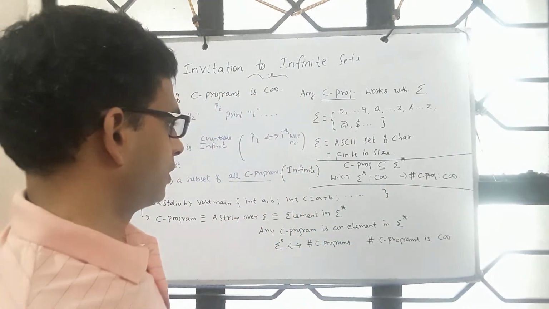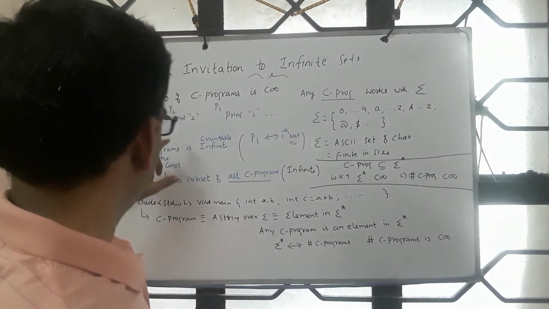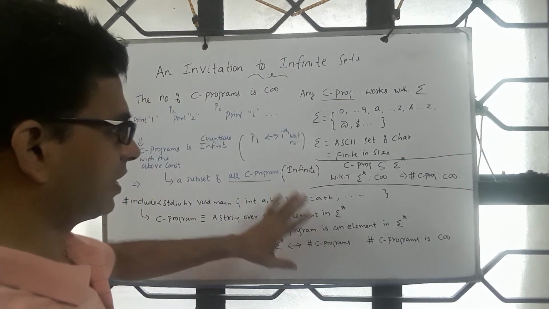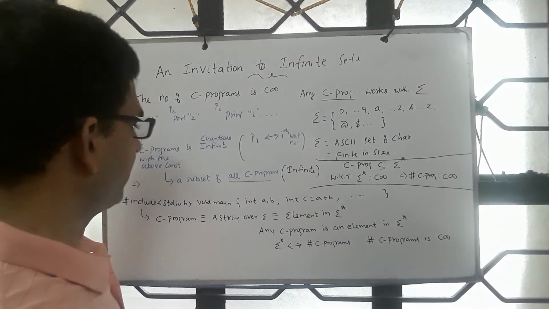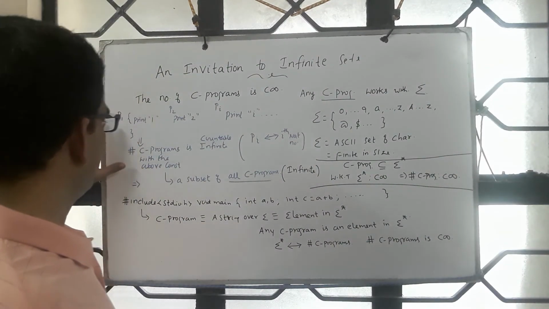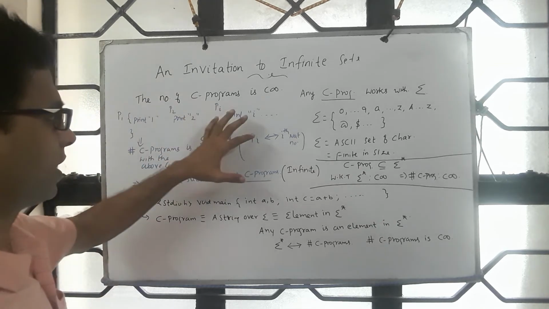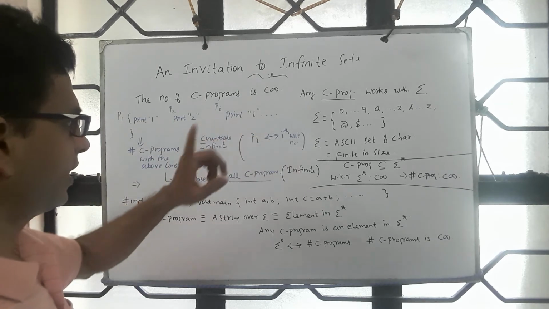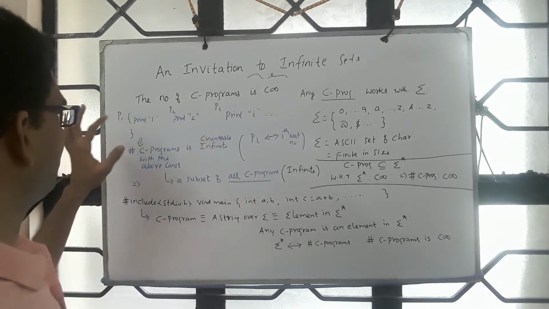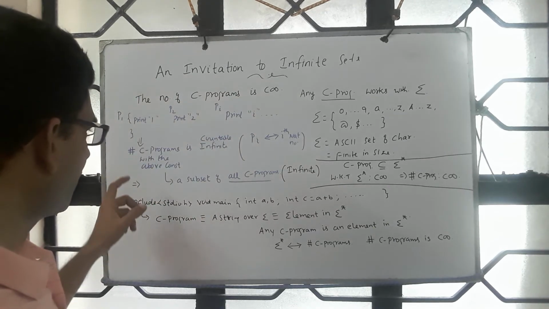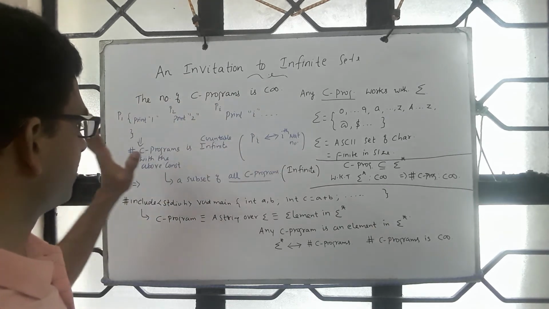Okay. So let me repeat this part. This is argument number 3. Argument number 1 is this. Argument number 2 is using the binary file argument. Argument number 3 is you look at a specific C program, meaning a program printing exactly one value: print 1, print 2, print i, and so on. And I don't have any other statements.